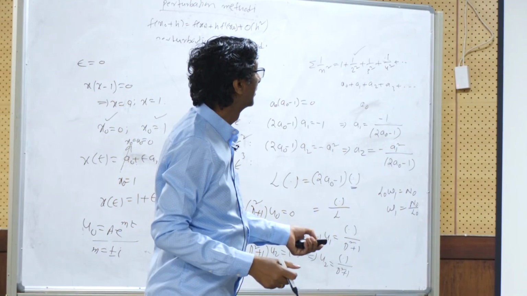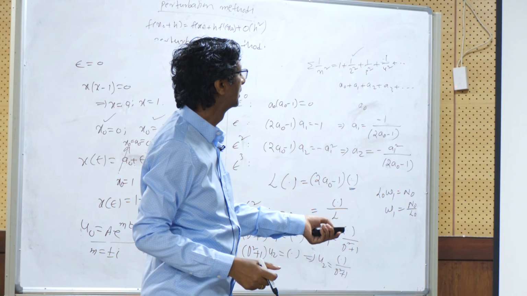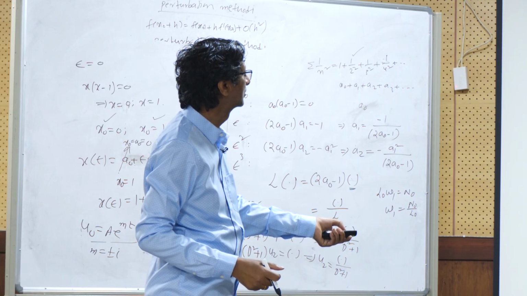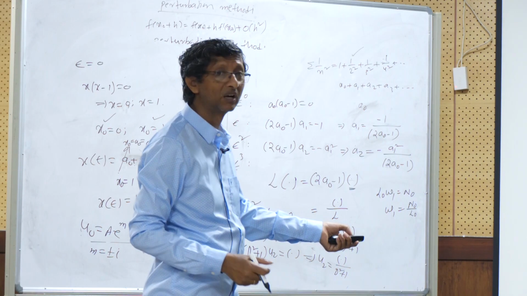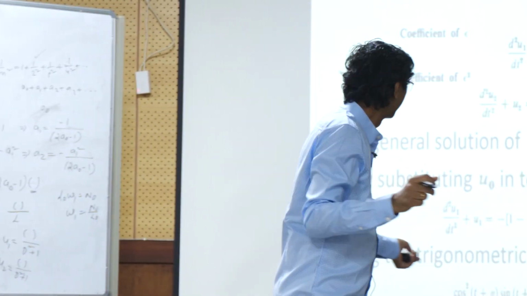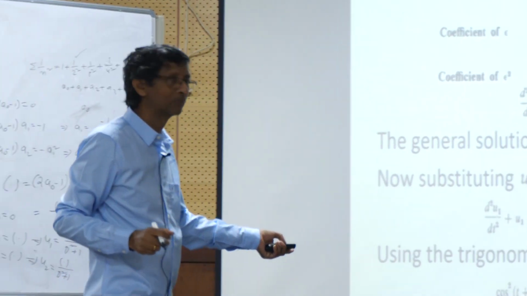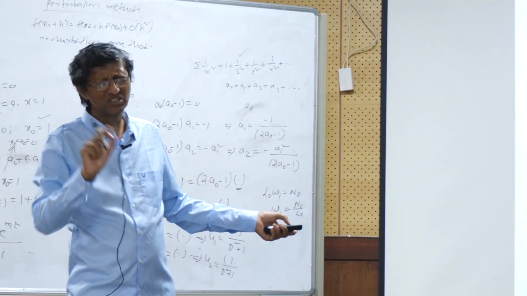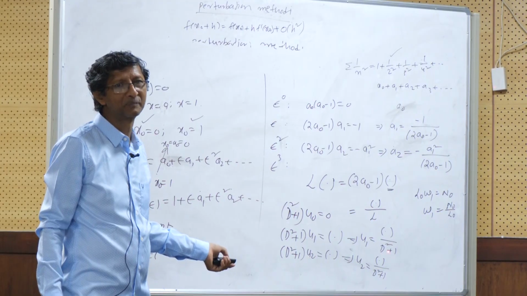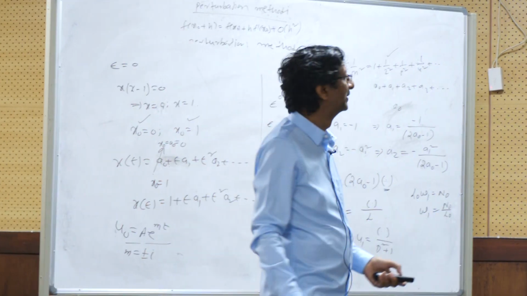Okay, and then we know the u0 value, and then take the next equation to find out u1. What type of integration do we need, particular or complementary, from the second equation? It is a non-homogeneous equation, but on the right side we know that only the particular integral is needed, no complementary.